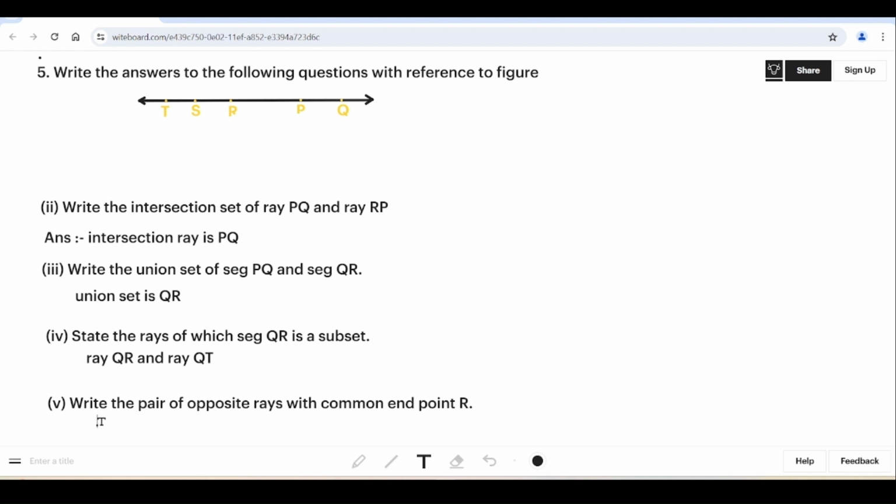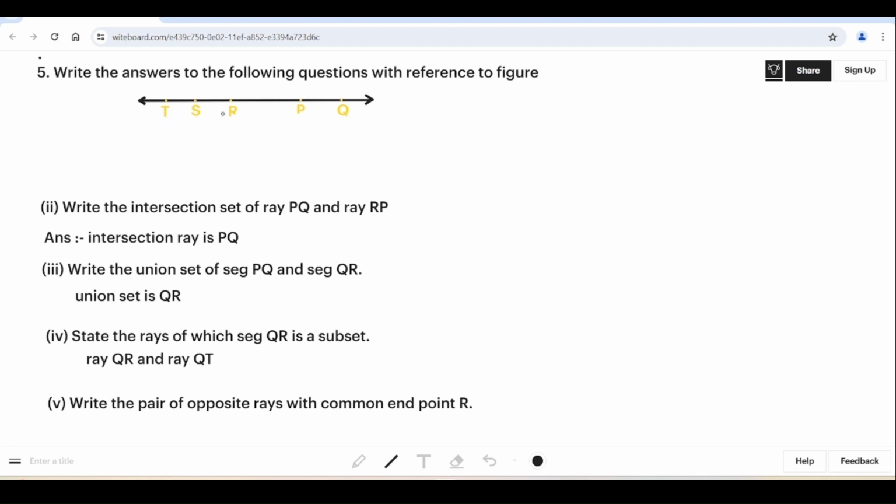Okay, right. Now next question is: write the pair of opposite rays with a common endpoint R. Now we have to find the opposite rays with a common endpoint R. The endpoint is the point where the ray starts to proceed ahead, means one side is an arrow, one side is an endpoint. So R is an endpoint. We have two such rays, RQ and RT.